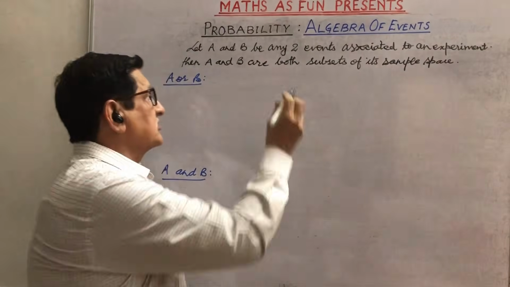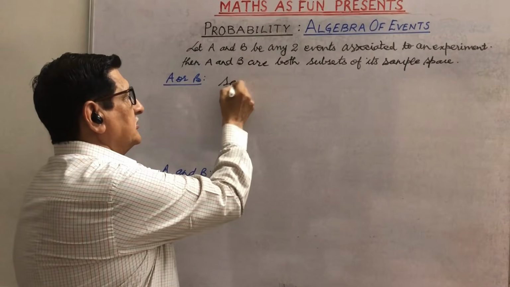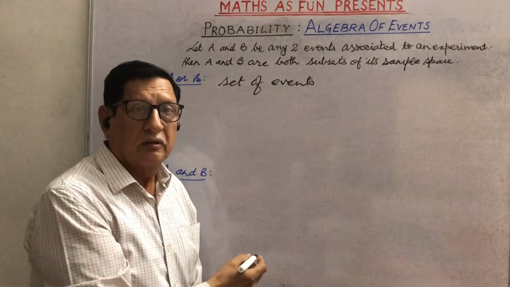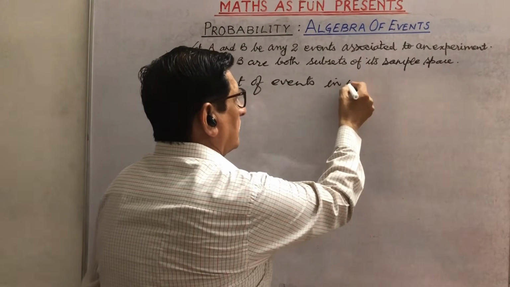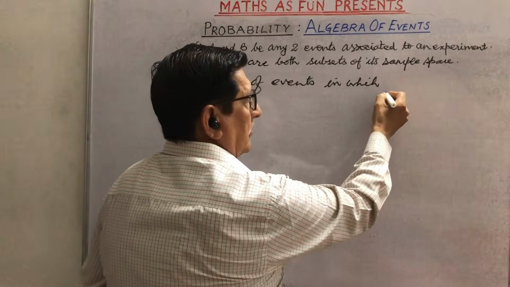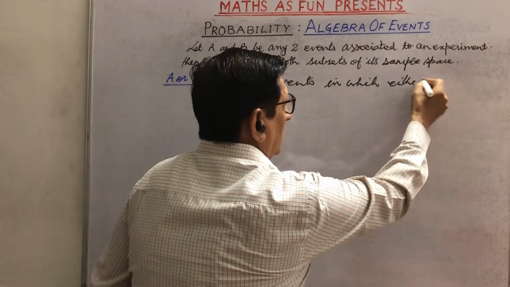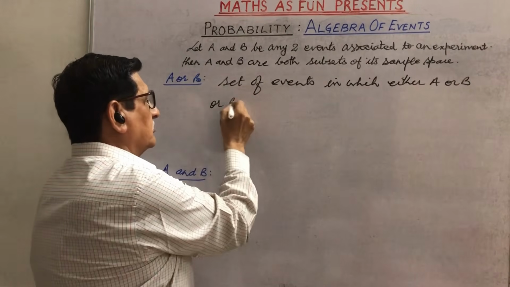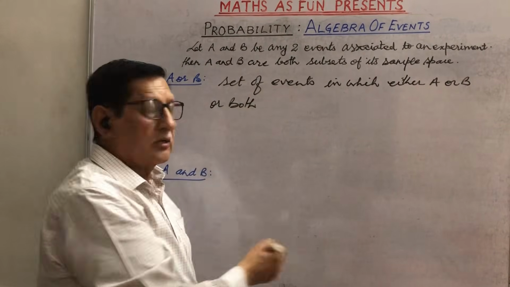A or B means finding the set of events in which either A or B or both occur.